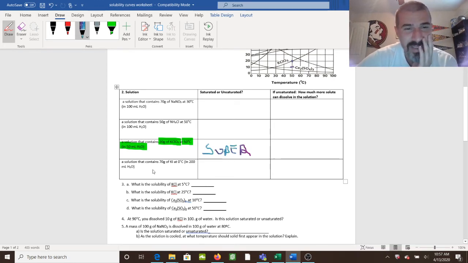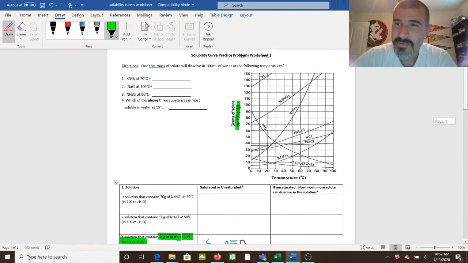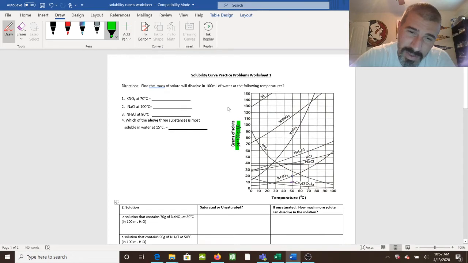All right. So let's look at solution 4 here. 70 grams of potassium iodide at 0 degrees Celsius. But what's happening to our volume this time? This time our volume is 200 milliliters. So what did we do to it? Essentially, it's doubled what this says, right? So if it's double what this is, then that means that solubility is doubled.